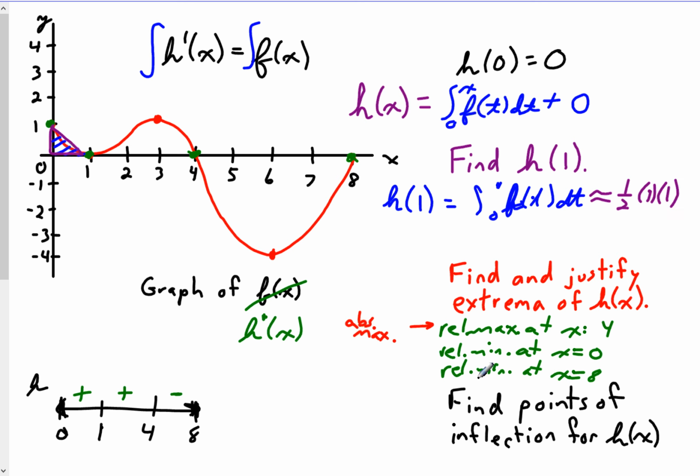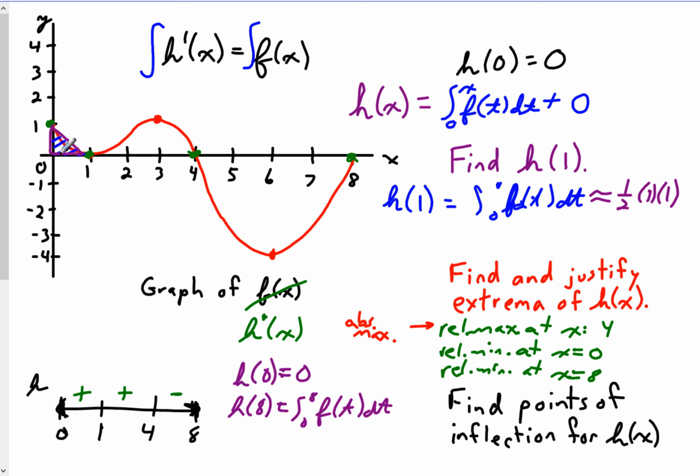Now for the absolute minimum, I need to talk about h of 8. Well, I know h of 0 is 0 because we were told that. For h of 8, that's the integral from 0 to 8 of f, which means I would need this area, but then I have this big area underneath the x-axis, meaning this will have a negative value.